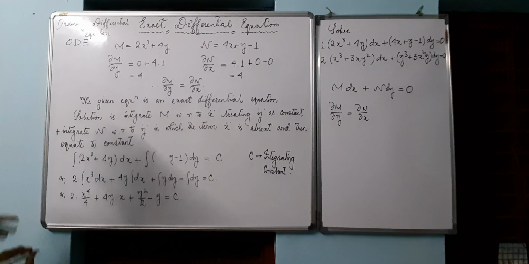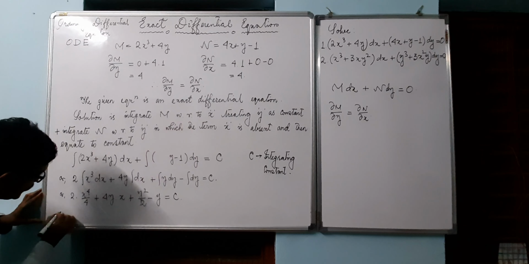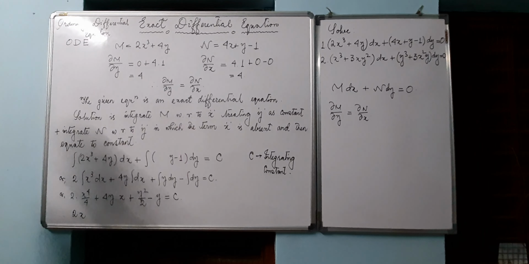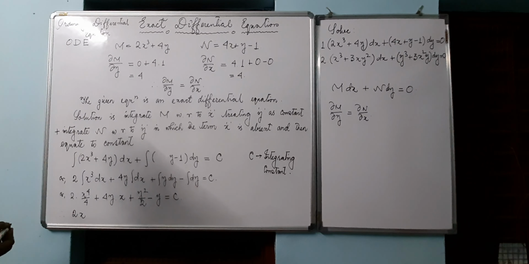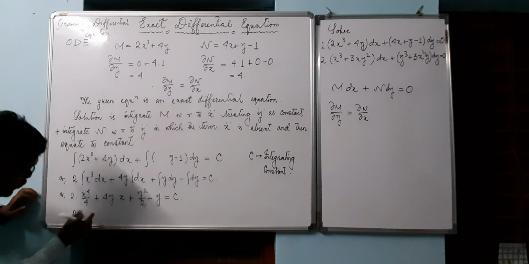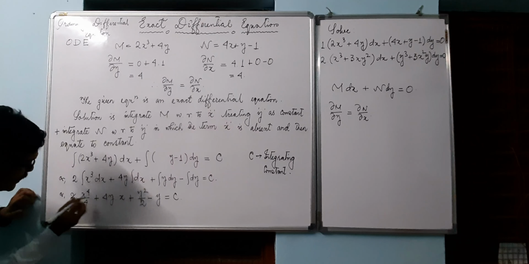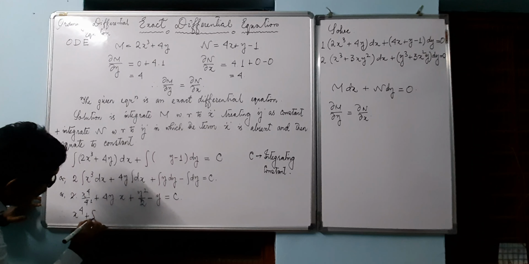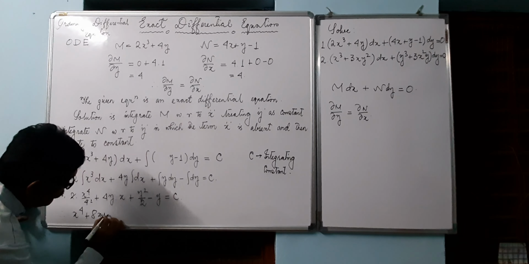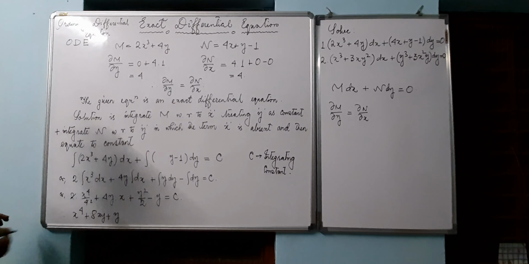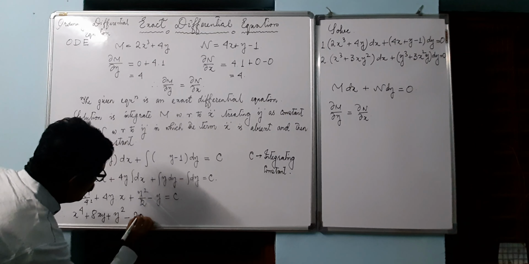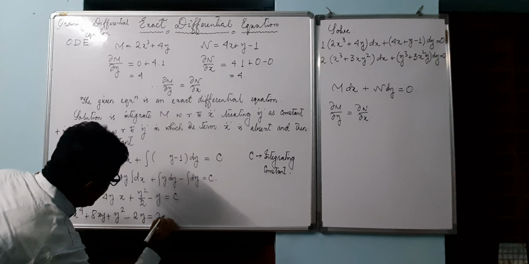If we simplify further, 2 cancels, and finally we get x to the power 4 plus 8xy plus y squared minus 2y equals twice c.